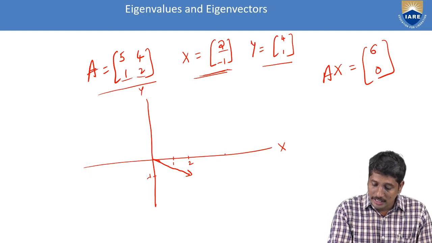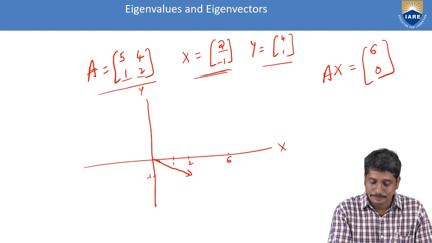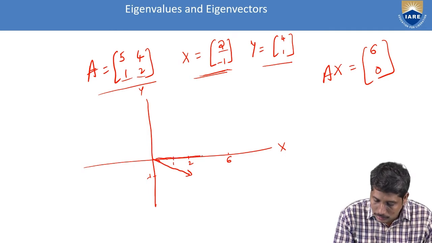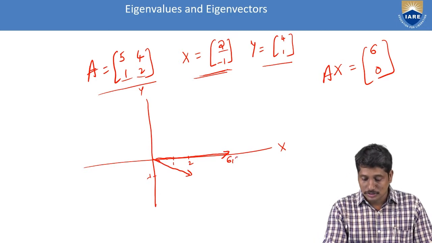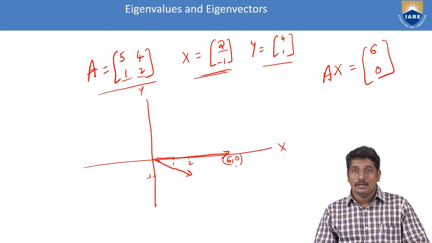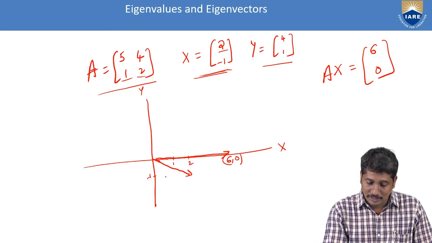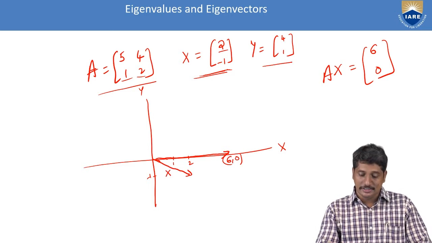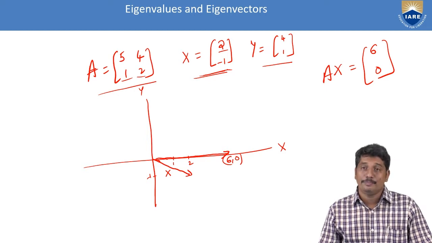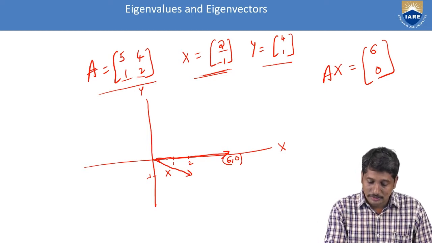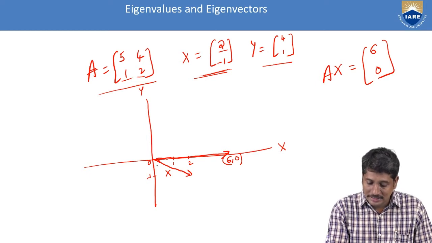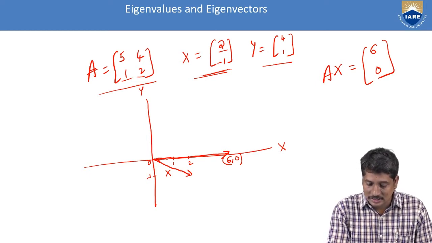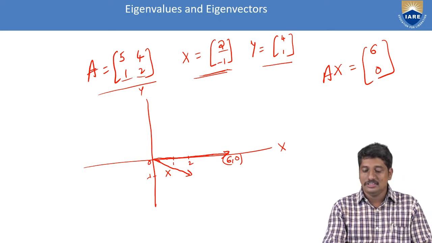If you locate the number 6 on x-axis, the new vector 6, 0 is like this. So when we have projected the vector x and its resultant vector Ax on xy plane, the original vector x is from origin, it is going in this direction, and the resultant vector Ax is going along the x-axis like this, which is 6, 0.